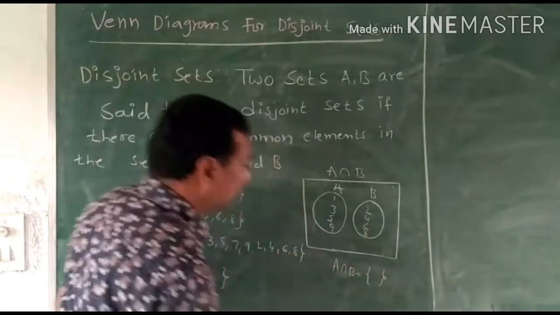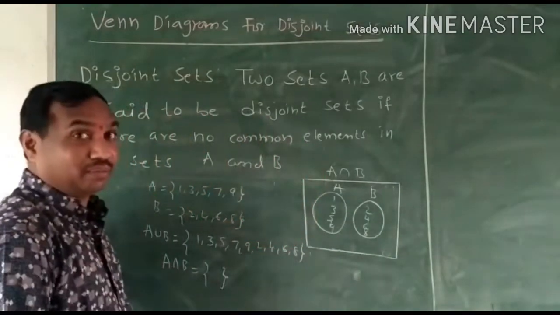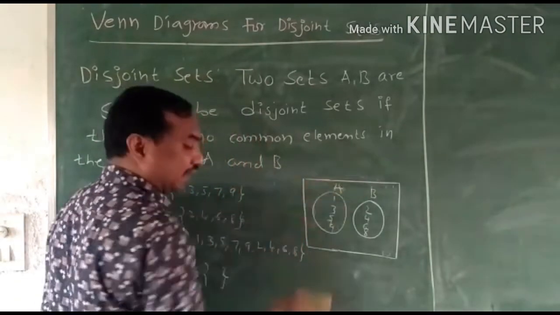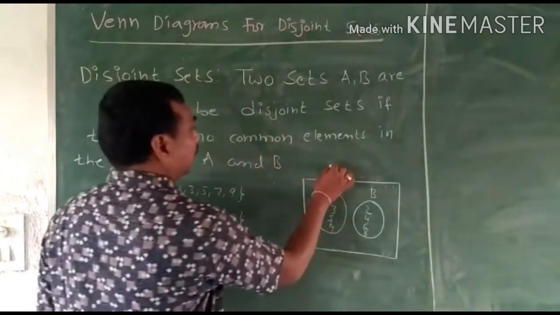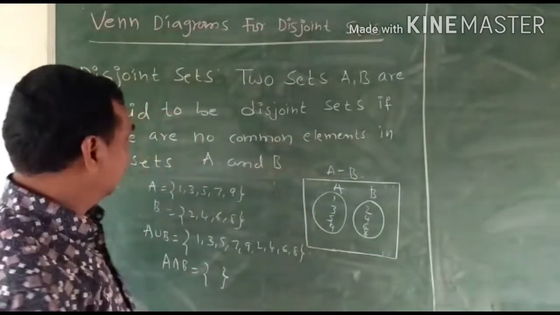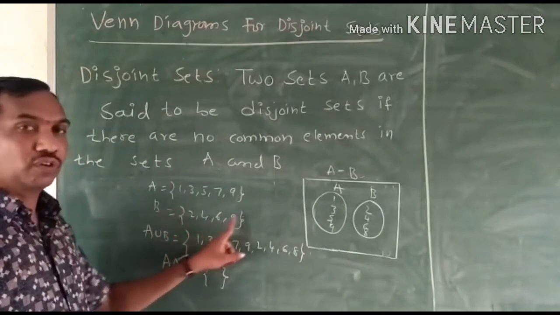Okay, for the same sets, if I need to represent A minus B by using a Venn diagram: here A equals 1, 3, 5, 7, 9 and B equals 2, 4, 6, 8.